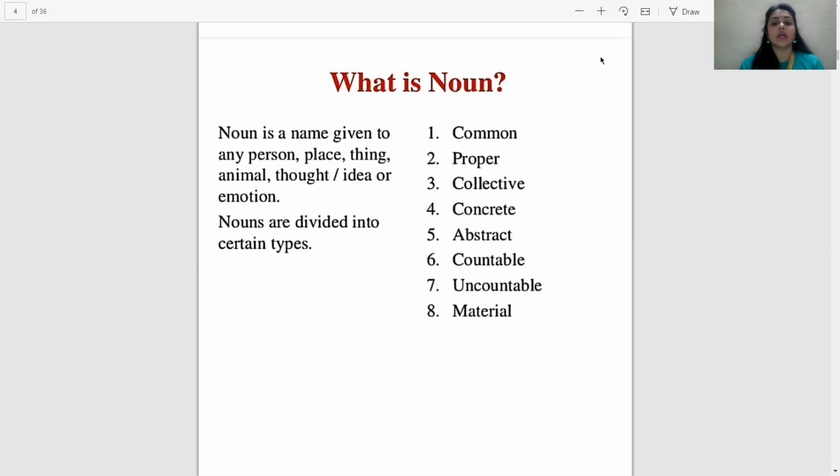So in this manner, countable and uncountable nouns are bifurcated, along with common and proper, collective, abstract. Abstract noun also could be uncountable because we cannot count emotion. We cannot measure the emotion. Clear? In this manner, these are forms of nouns.